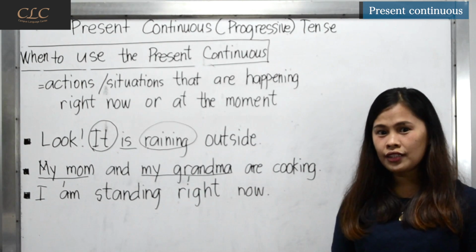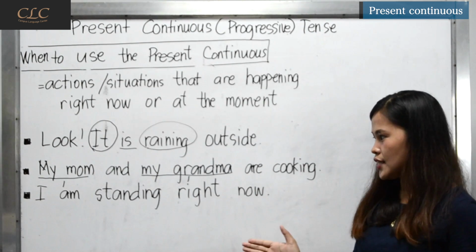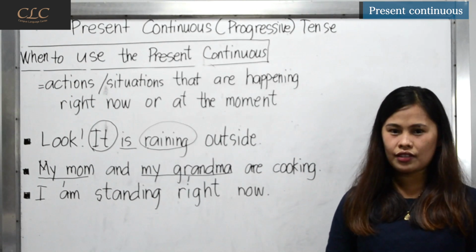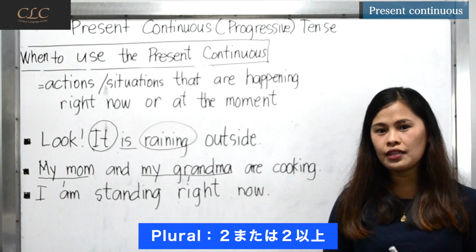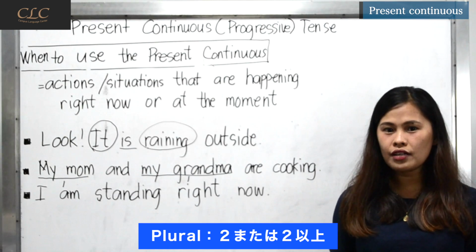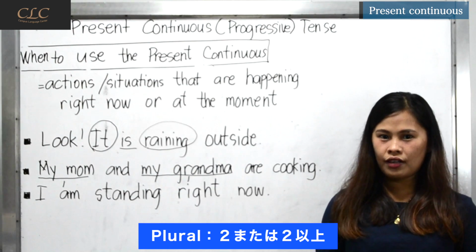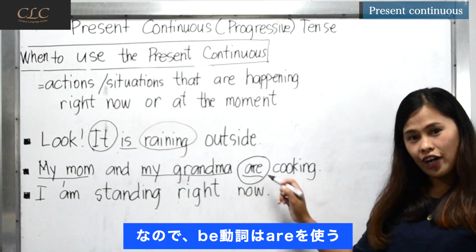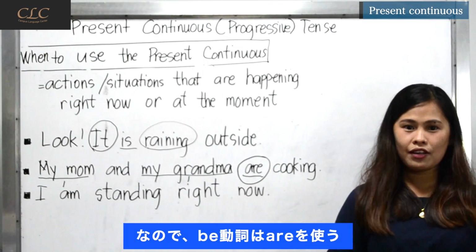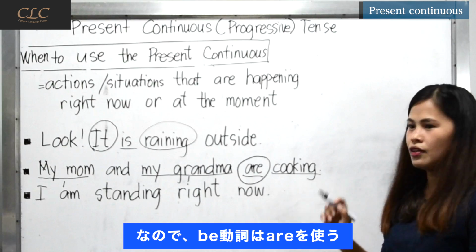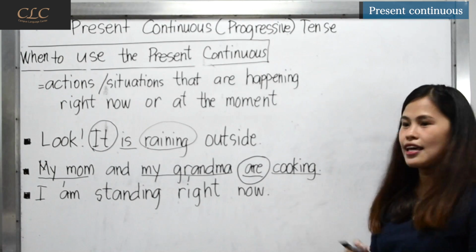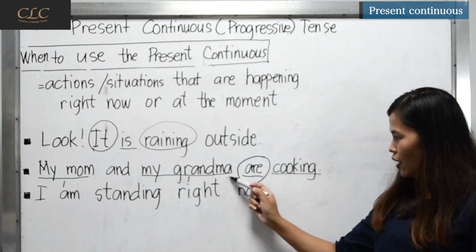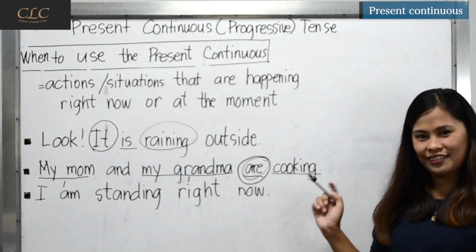So in total, we have 2 subjects, and this subject is called plural subject. So again, plural means more than 1 or 2 or more. That's why we have here the verb to be, which is are. And our main verb, cooking. And it is in the ing form. My mom and my grandma are cooking.